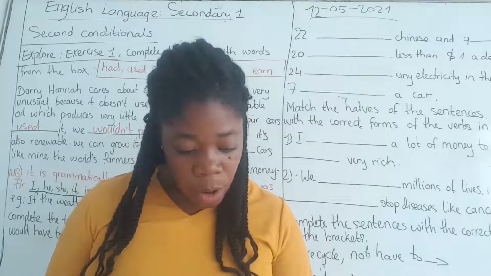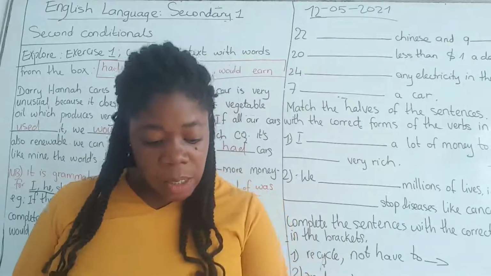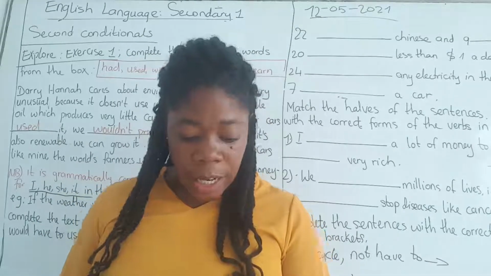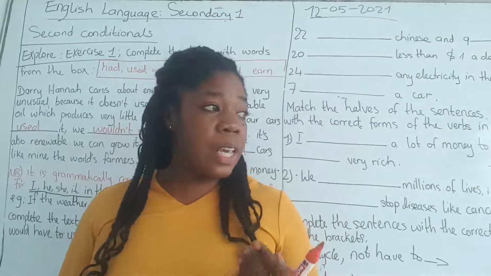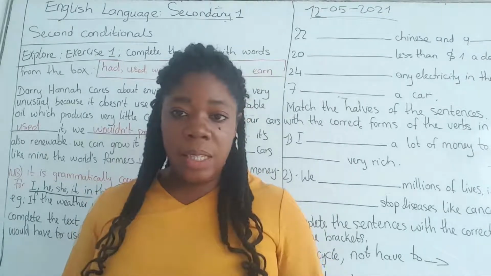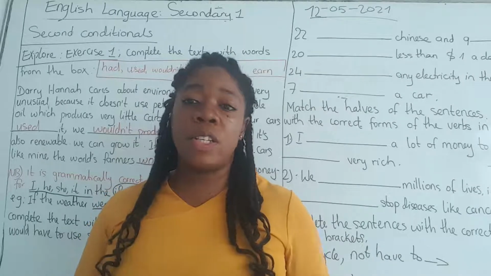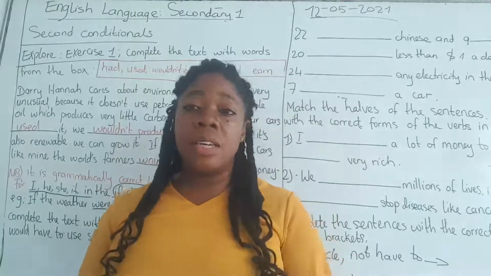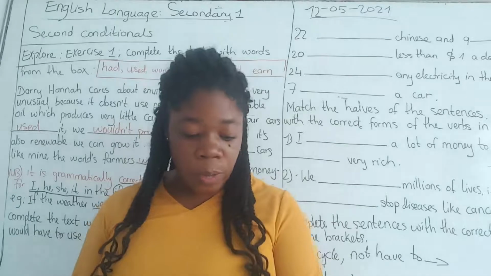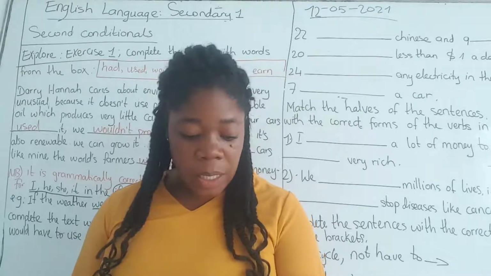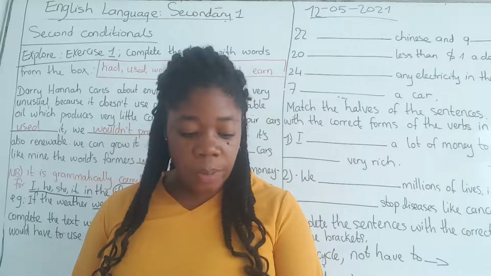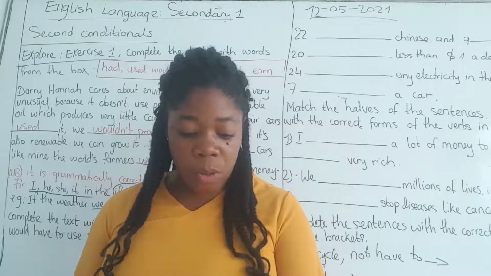Number 2 of explore says, study the information in the learn this box which I've already explained to you. That is how to use the second conditional and the formation of the second conditional. And they say we should complete the text with would and verbs from the box below.